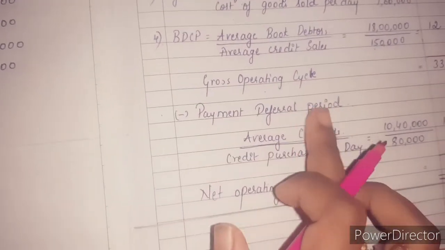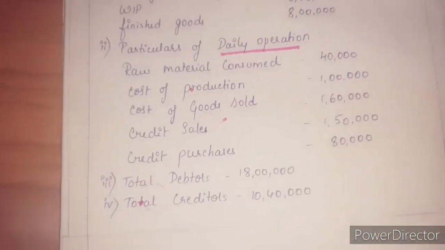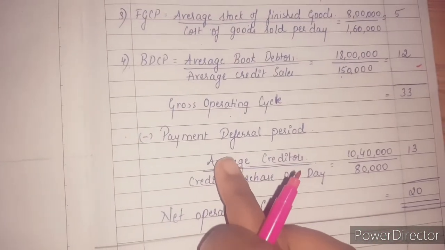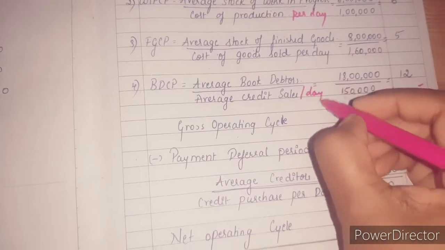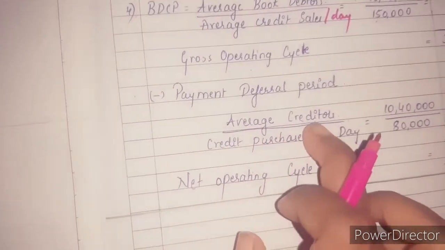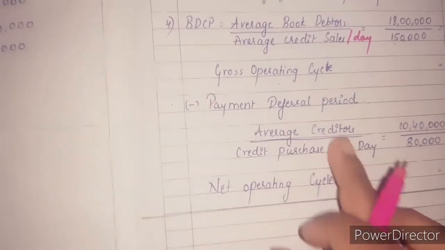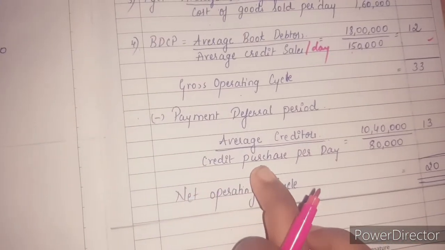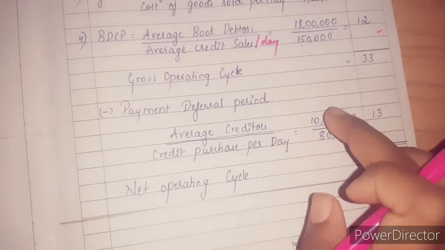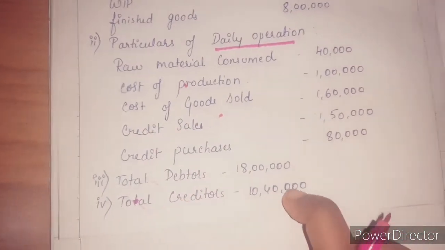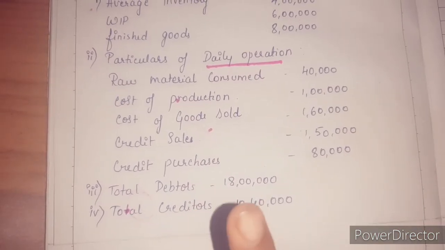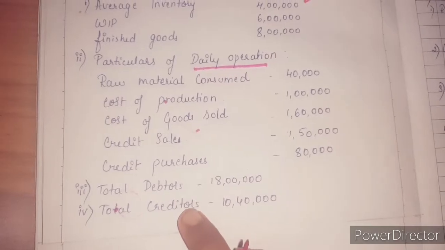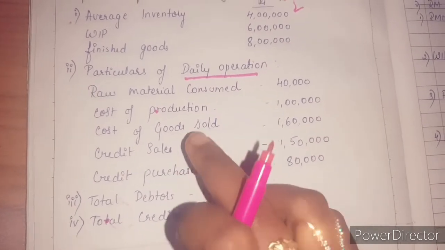minus payment deferral period, that is average creditors divided by credit purchase per day, that is equal to total creditors 10,40,000 divided by, so when we see creditors we purchase raw material, when we see debtors we sell goods.